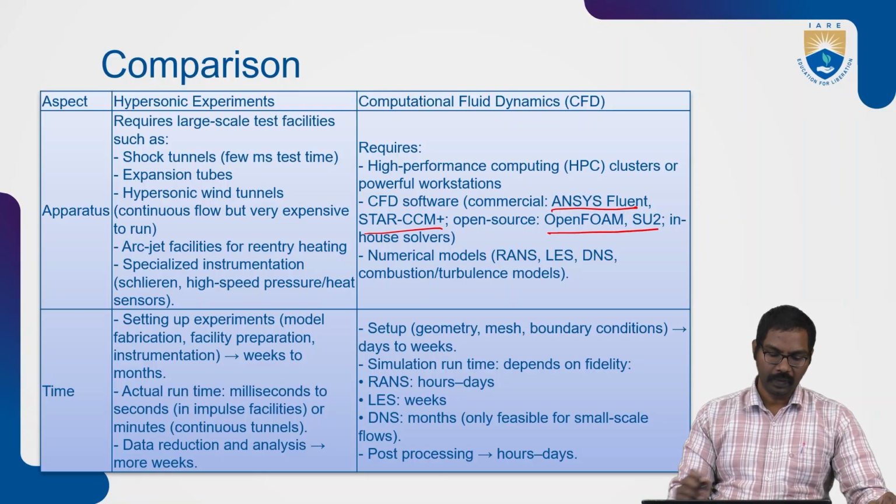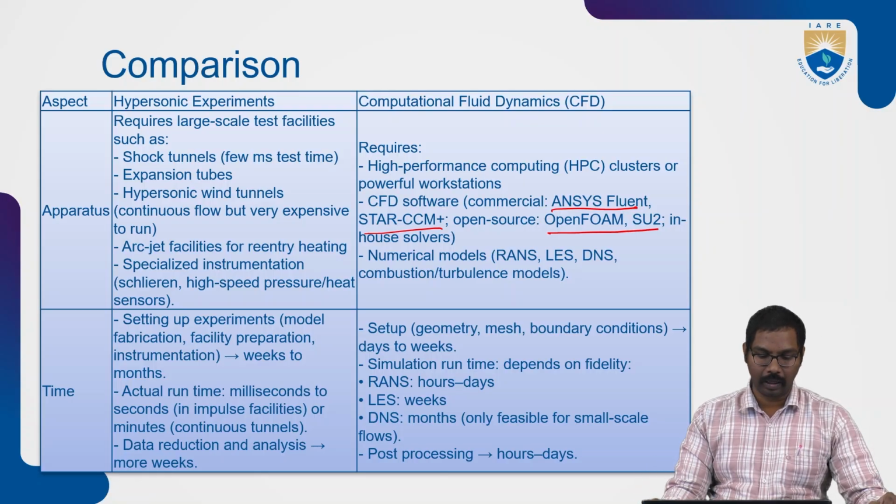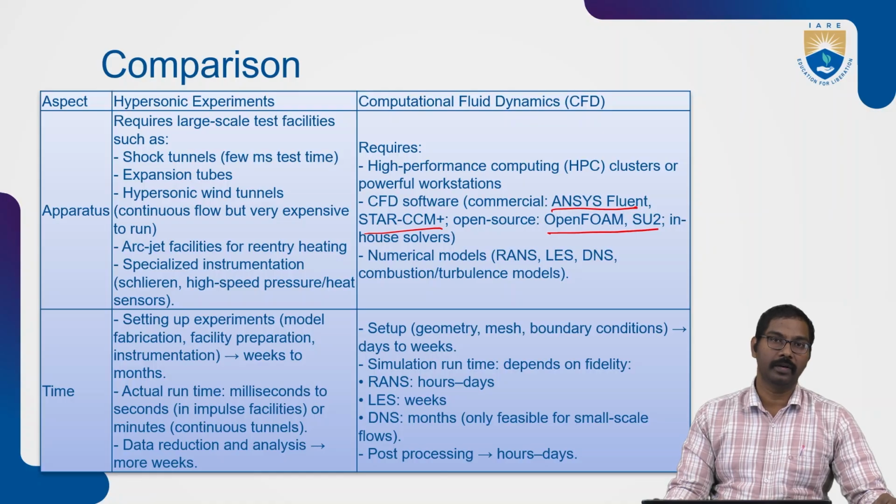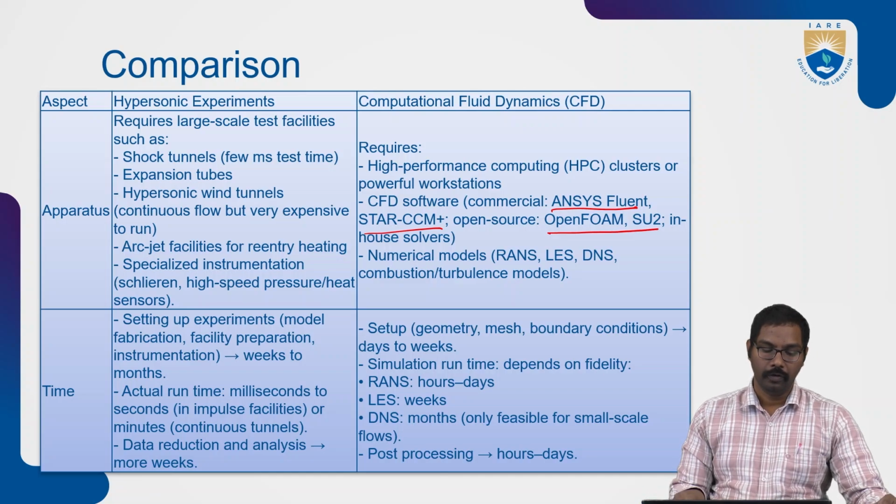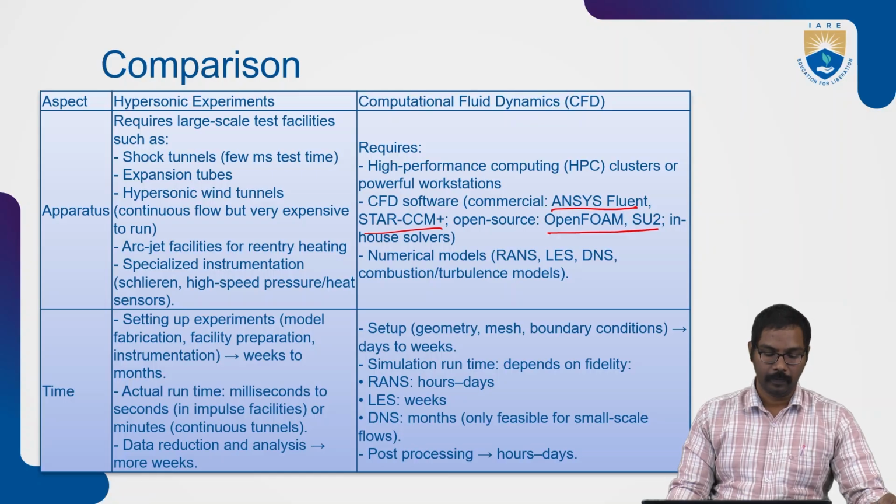Even though the running of the experiment is in milliseconds, the time taken to fabricate the models or to change the model dimensions to conduct the experiments so that the final output is obtained may take up to weeks and months, along with data reduction or analysis.